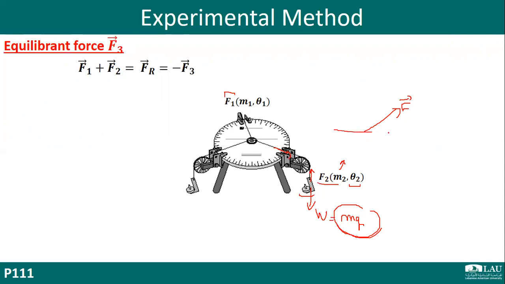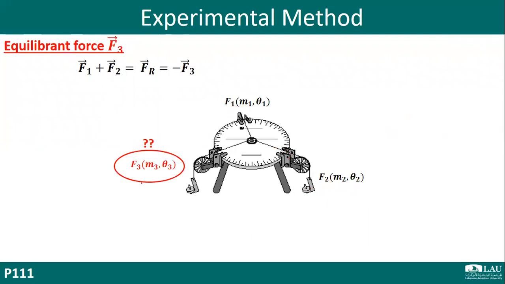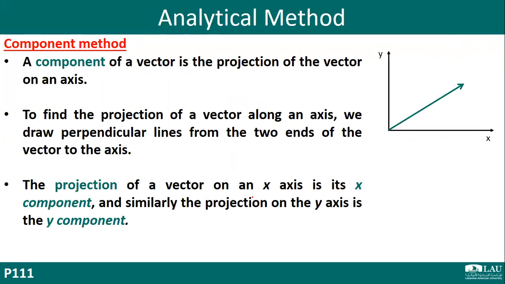To know the direction, we need to find the angle. So we will apply F1 and F2, and by trial and error, we'll be able to record the mass and the angle required that should be suspended from the third pulley to have an equilibrium. Here it's F3. Our target is to find the magnitude, so the mass, and the direction of F3.